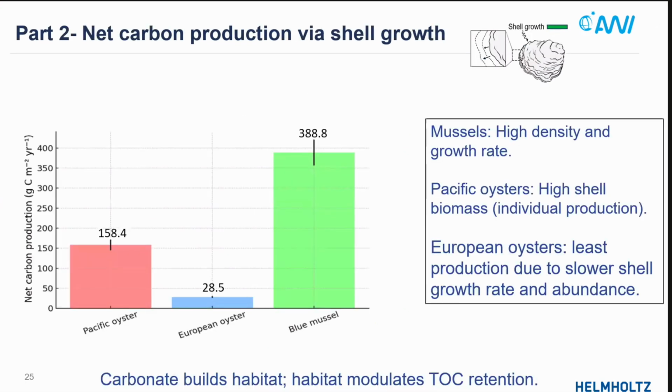So now coming to our second objective, which was to estimate the annual carbon budget of individual reef building organisms.